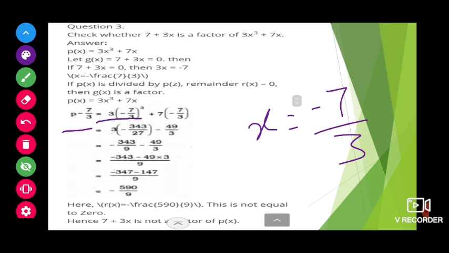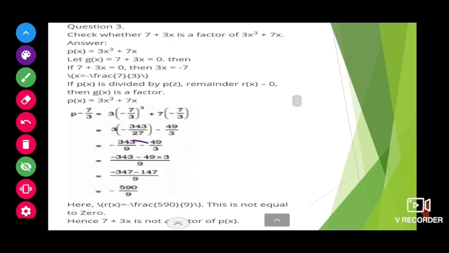That is 3 into minus 7 by 3 cube plus 7 into minus 7 by 3. Now 3 into minus 7 by 3 cube means 7 cube over 3 cube. 7 into 7 into 7 is 343, and 3 into 3 into 3 will be 27.